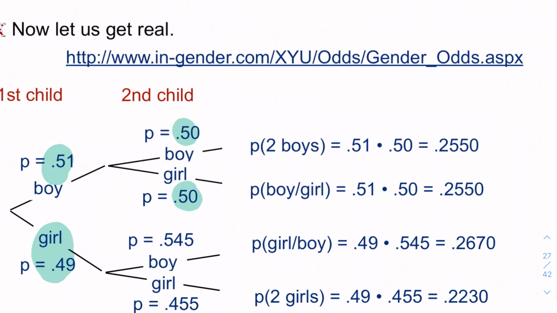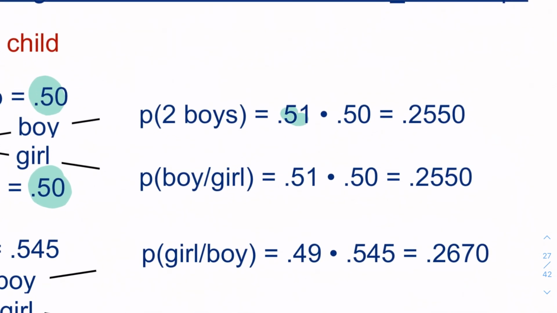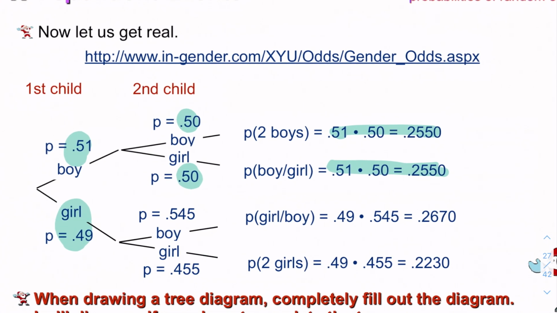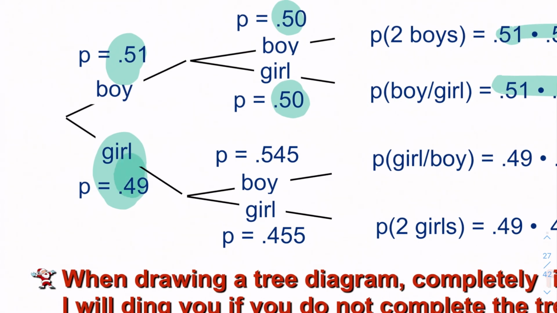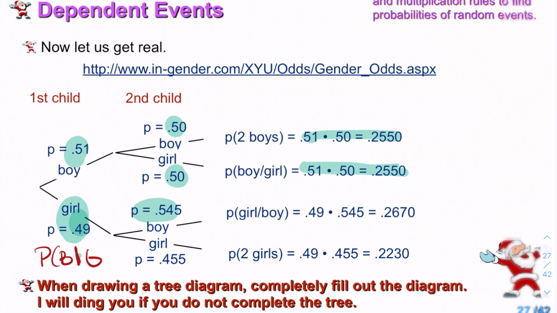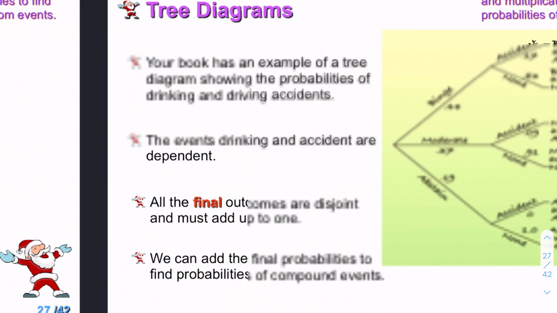Well then, we get our probabilities of 25%, 25%, 50% for having 2 boys or a boy and a girl. But this conditional probability, which is based off of the article, is if you have a girl, what's the chance you have a boy given girl? It's actually 54.5%. When drawing a tree diagram, completely fill out the diagram. I need to see all of these values filled in appropriately.